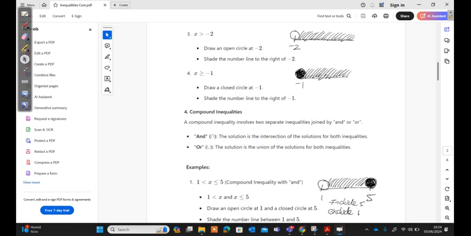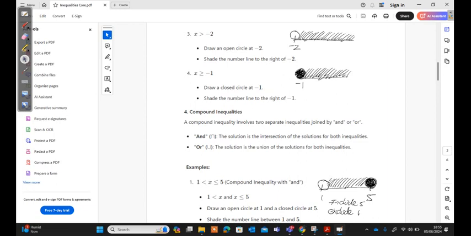Now, sometimes you have compound inequalities, meaning you have more than one piece of information in that statement. If you have an unknown, in this case we're using x, which lies between two numbers, then we use and to write down the solution.